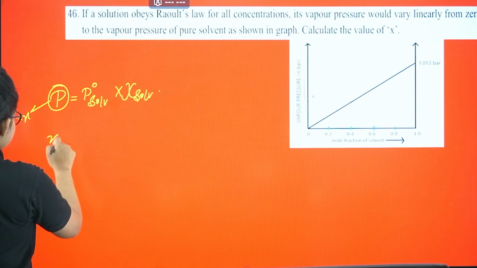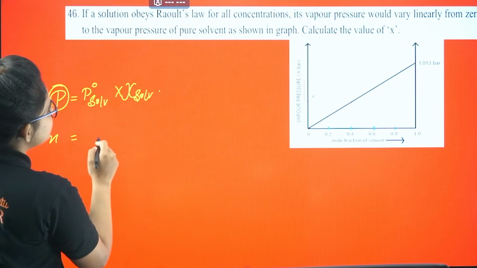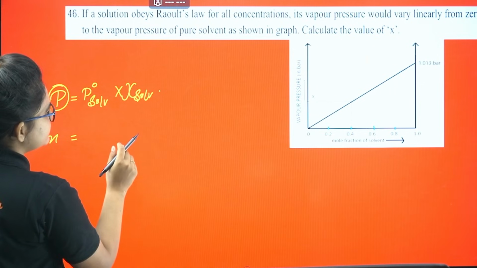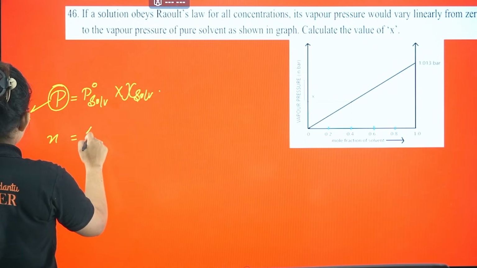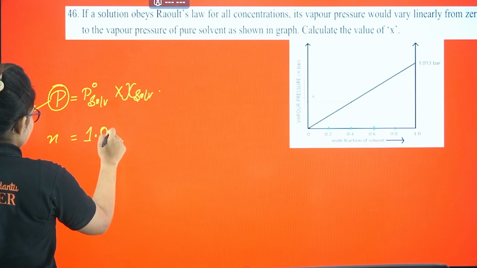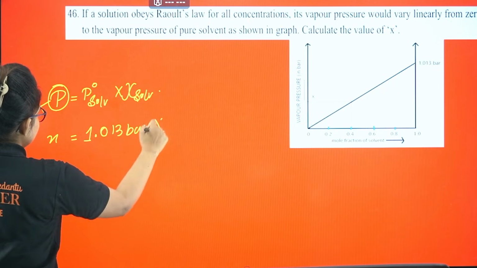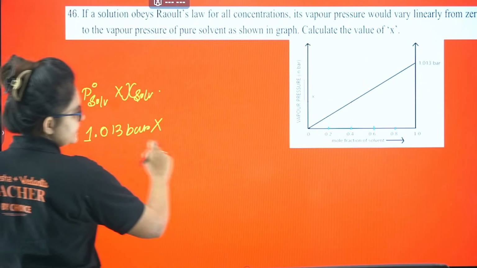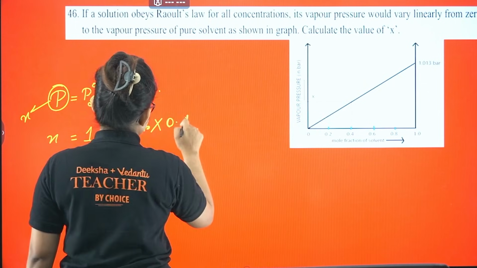So P naught will be how much? This is for the vapor pressure. In a normal case it should be atmospheric pressure, right? 1.013 bar, into the X value, which we can put from the graph itself, that is 0.4.